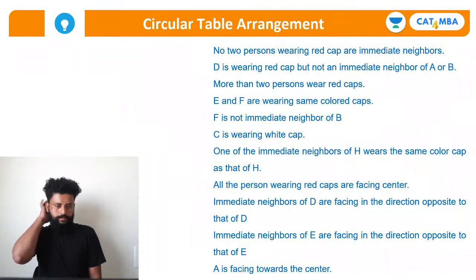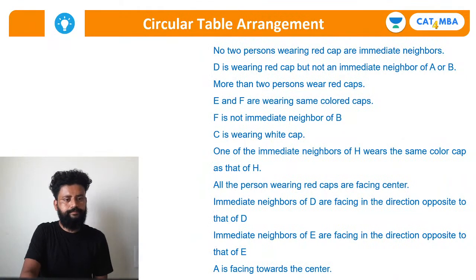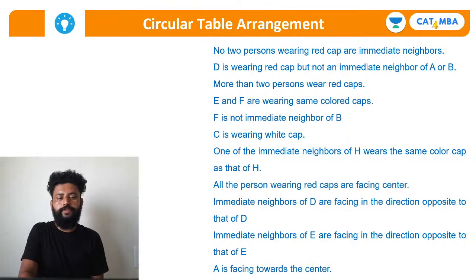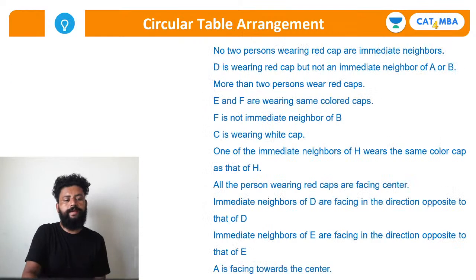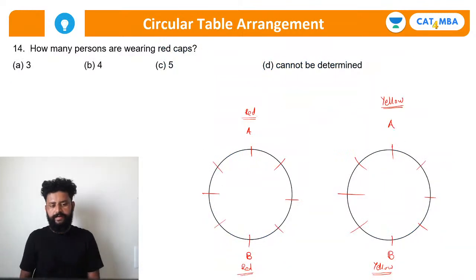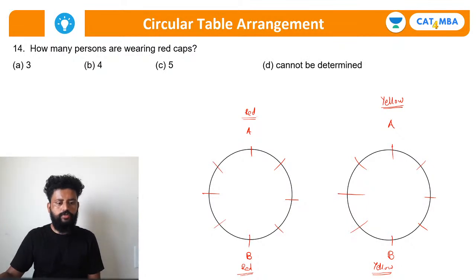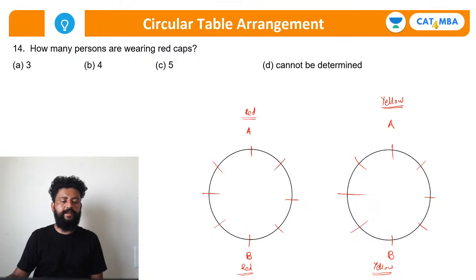Then, no two persons wearing red cap are immediate neighbors. Immediate neighbors of B do not wear white cap. So B's neighbors are not wearing white cap, which means either red or yellow. Red, red cannot be, so what will it be? Immediate neighbors of B in this case must wear yellow cap.